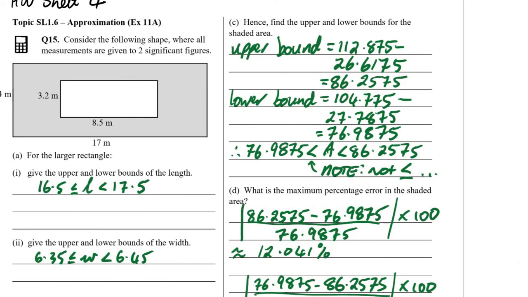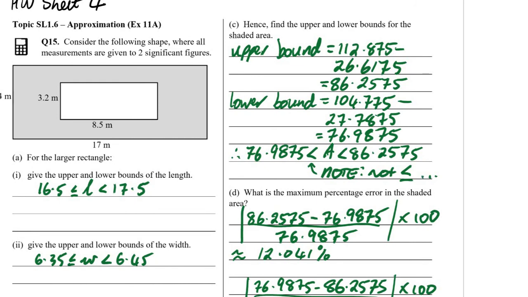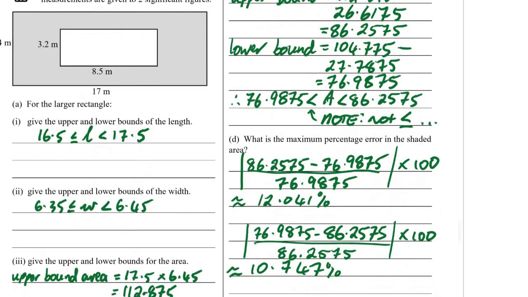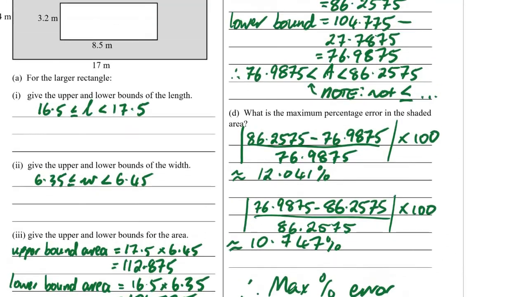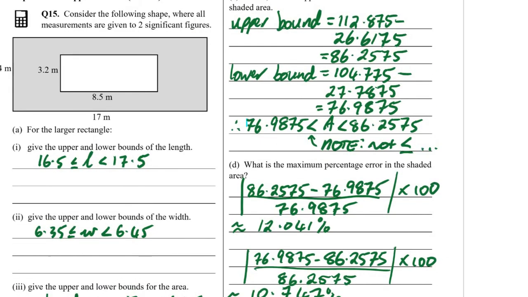What is the maximum percentage error in the shaded area? Well, this one I have got wrong. So, if we go through and we look at this, these values are what the exact could be. I haven't actually worked out the approximate value here.